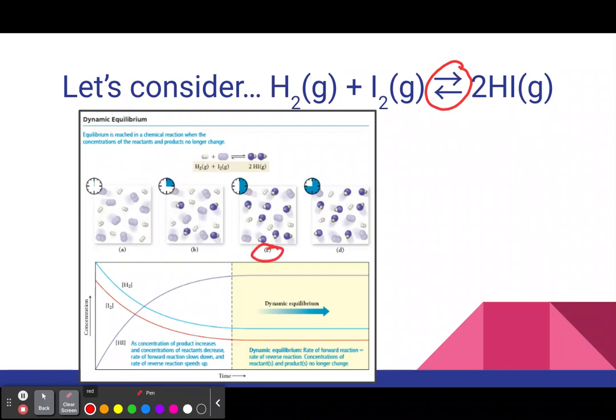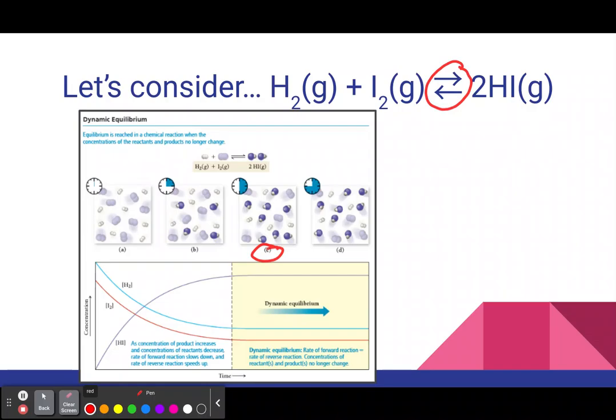Now, the reason why it's at point C, folks, is because if you take a close look, 8 particles of HI were produced, while there are 4 molecules of H2 and 4 molecules of I2, respectively, still in the reaction vessel. When you compare that to point D at 45 minutes, it's the same number of particles in the vessel, except, of course, the particles have shifted somewhat because they're moving around.